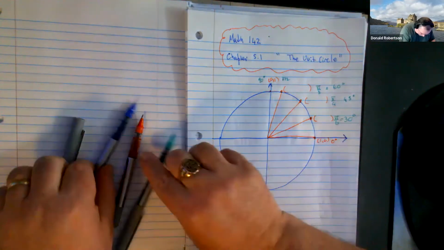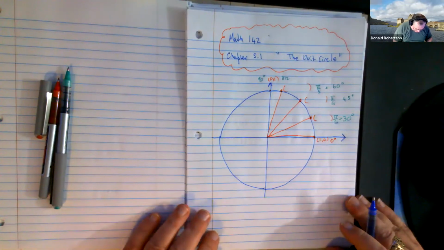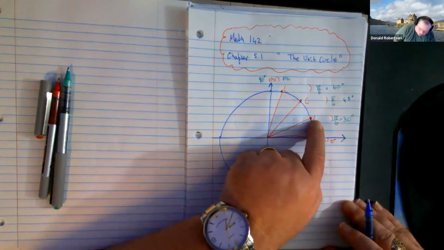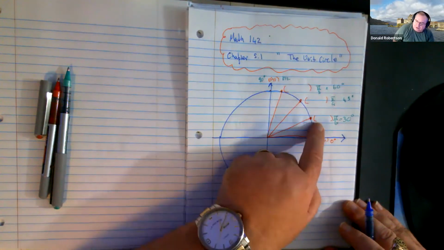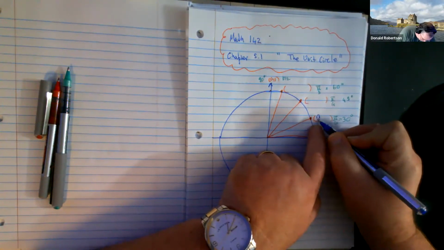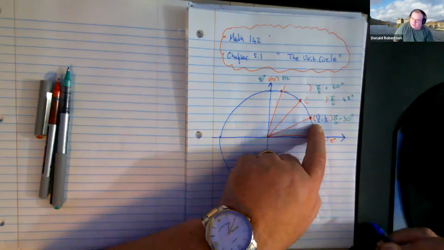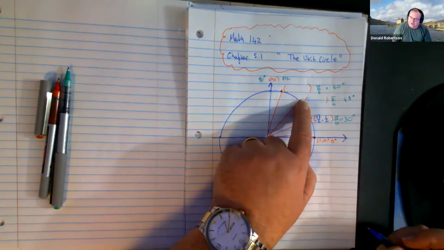Now, also it's helpful if you have these written down. It's even more helpful if you've memorized them. You should know the X and Y coordinates of any one of these 3 points, right? So this one here is √3 upon 2, comma a half. Does anybody know what the coordinates of 45 degrees is?